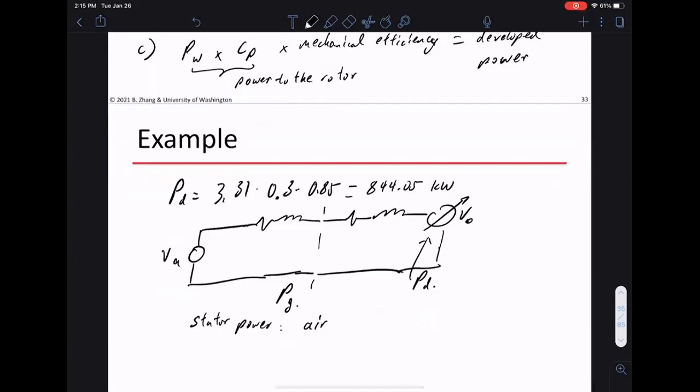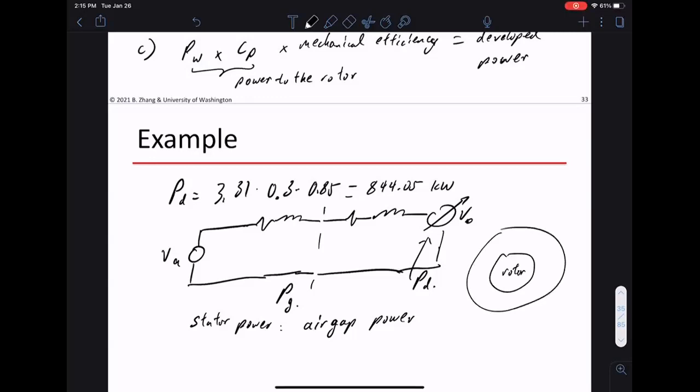This is called the air gap power. This is because I have a rotor. This is the air gap, and this is the stator. So often what we mean by the power delivered to the stator is the power that I have in the air gap.